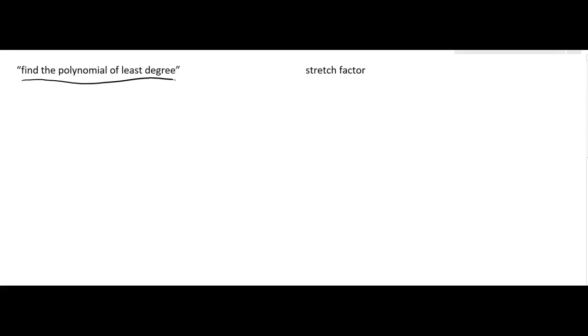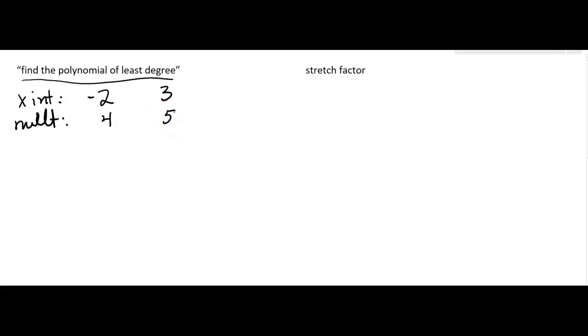So let's say they tell us that the x-intercepts are 2 and 3. Well, let's make it a -2. -2 and 3. And let's say they tell us the multiplicity of -2 is 4, and the multiplicity of 3 is 5.